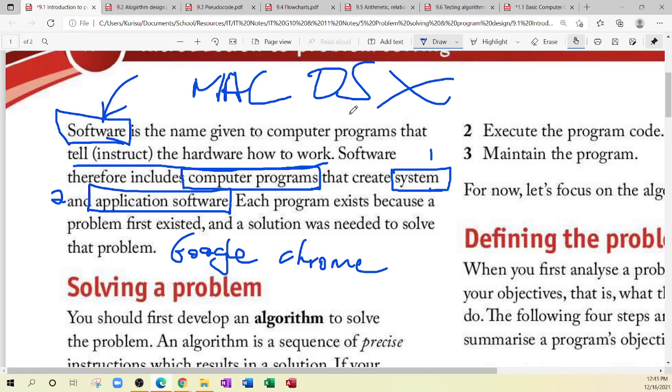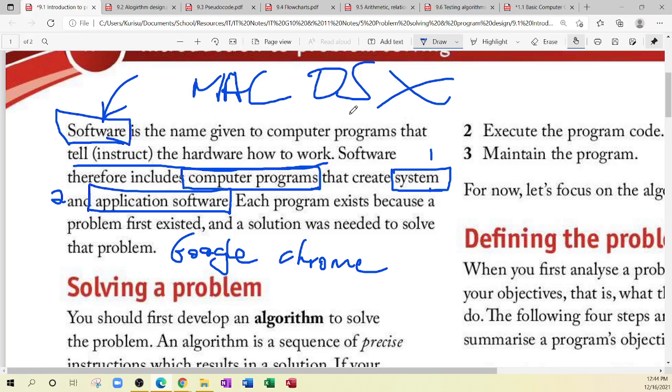Anybody remember what is an application software? Sahid? That was a question. An example of an application. What is an application software?